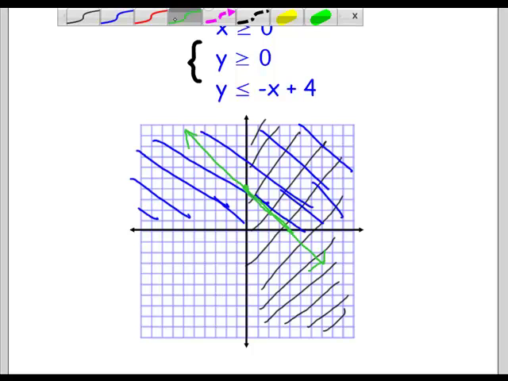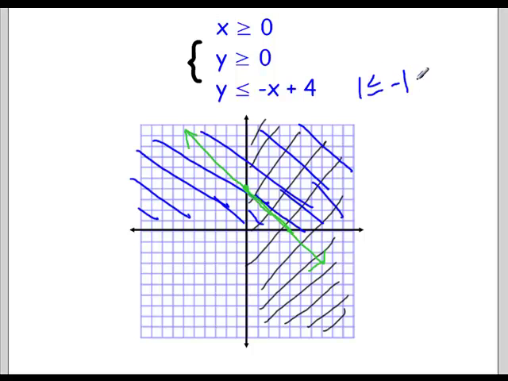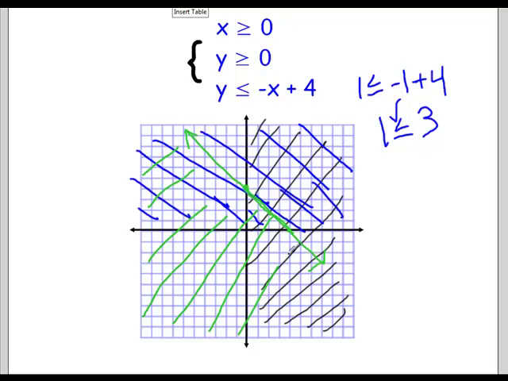And we're going to see that if we test out the point (1, 1), we get 1 is less than or equal to negative 1 plus 4. 1 is less than or equal to 3, which is true. So it has to be somewhere in this area down here. Now, where is the only area that satisfies all these conditions? Remember, it had to be in this quadrant, because it had to be over here on the x-axis, it had to be up here on the y-axis, and that leaves this area right here. It satisfies all three conditions.